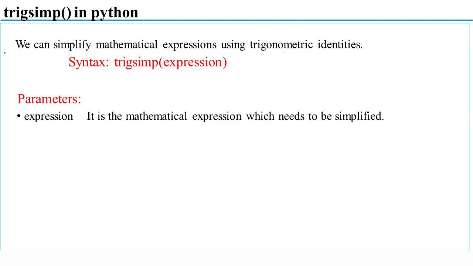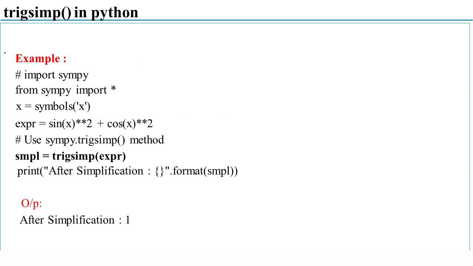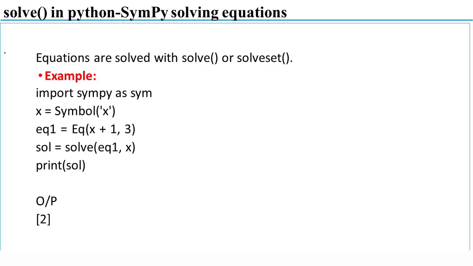Trig in Python is used for trigonometric identities. The mathematical expression which needs to be simplified will be simplified. Here the trigonometric expression sin square x plus cos square x has been given, and the result is 1.